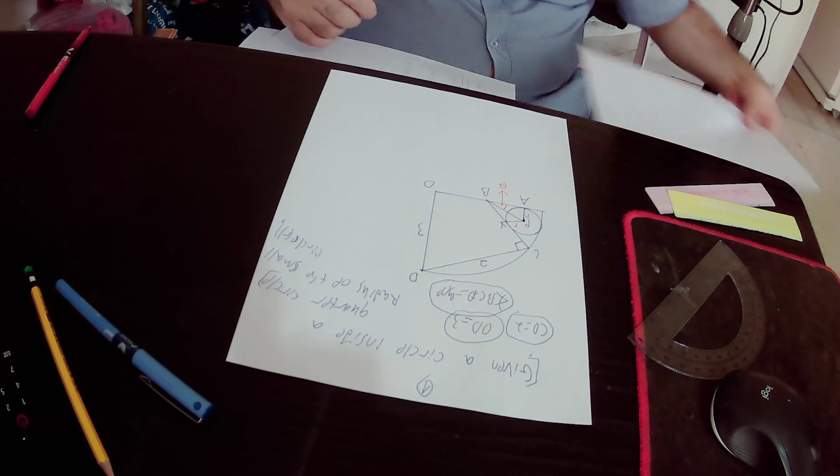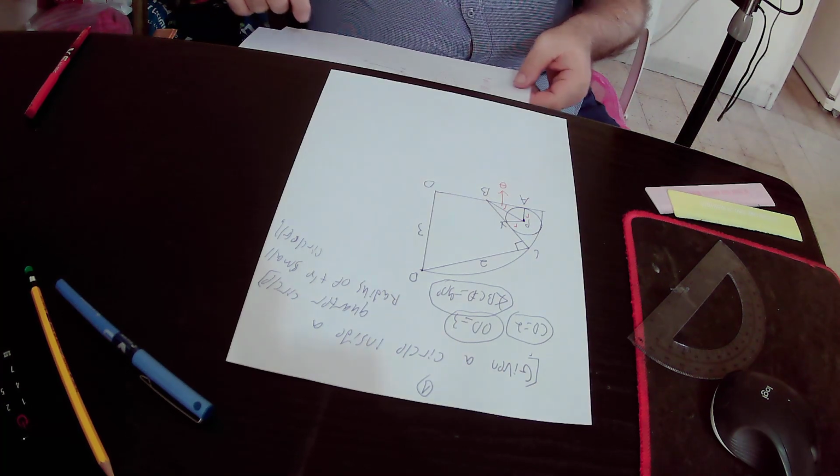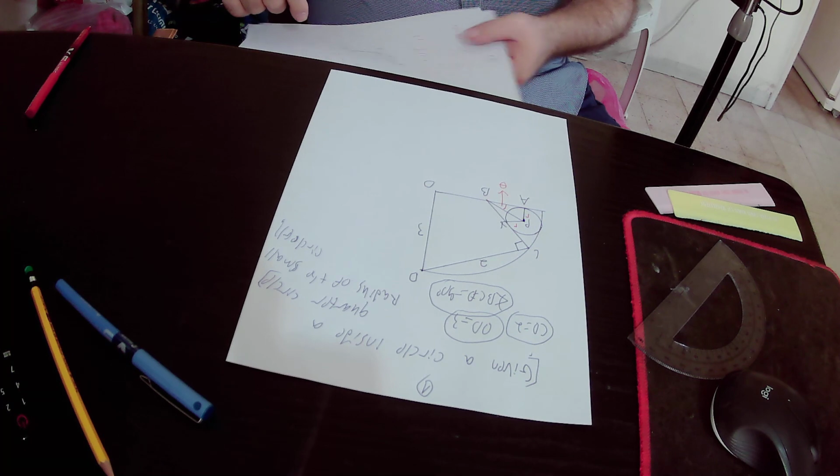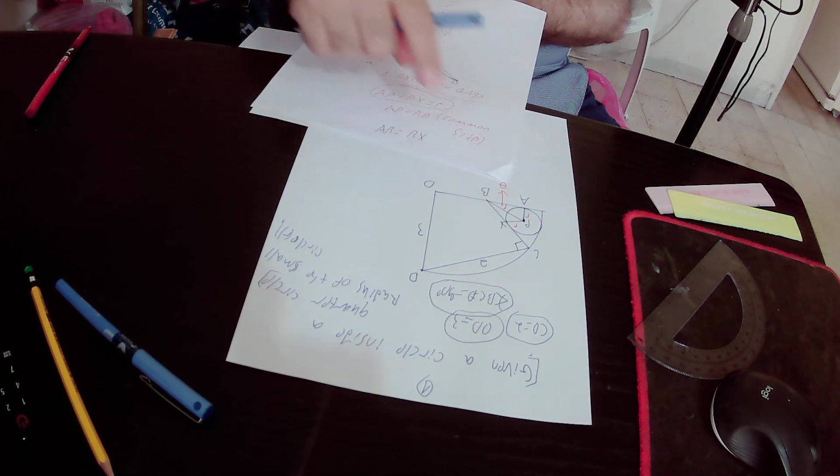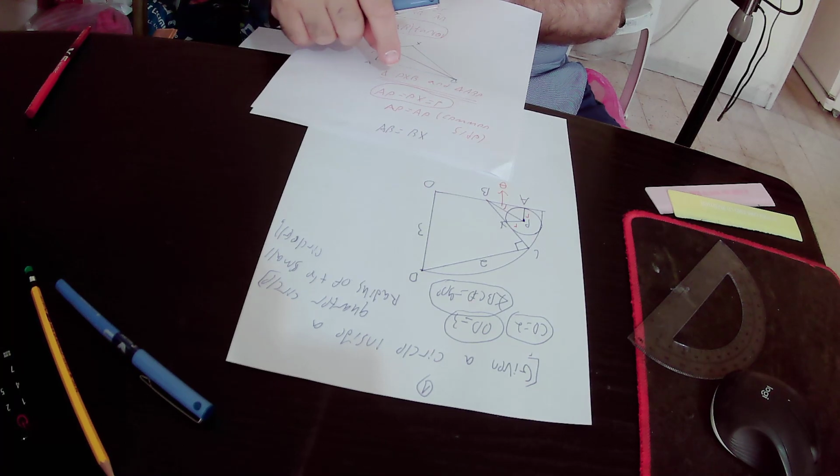Okay, so we proved that all the sides of triangle ABP are congruent to all the sides of triangle PBX.